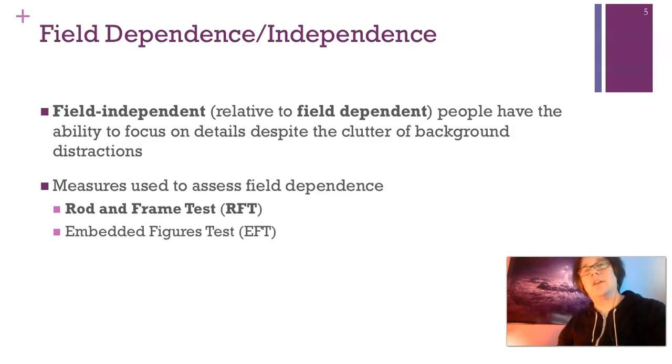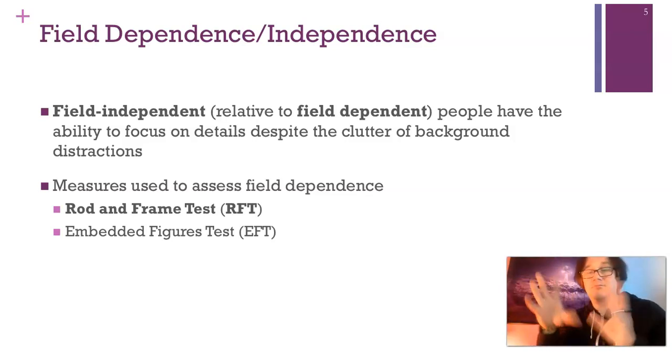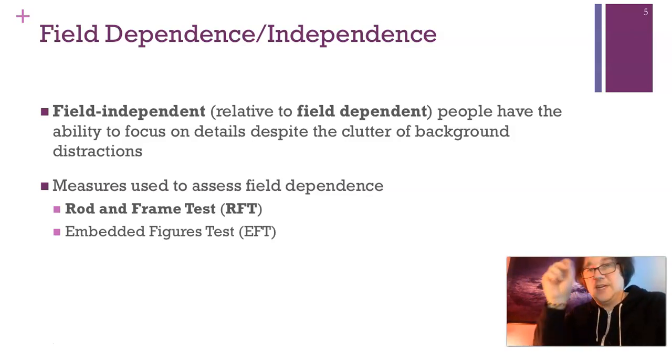Sometimes the complexity of the background could also involve differing colors. It could be a mismatch of different colors back there, and people need to find these hidden shapes or hidden figures within this larger, more complex background.